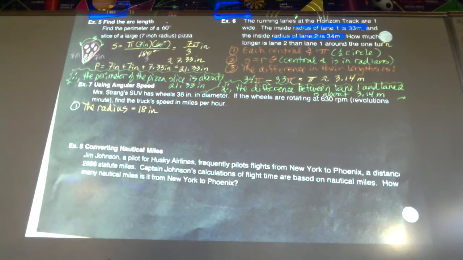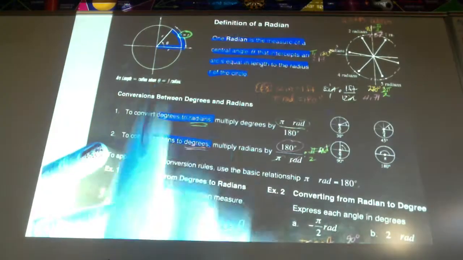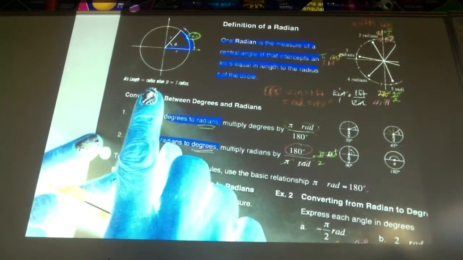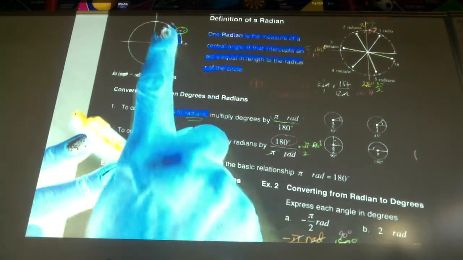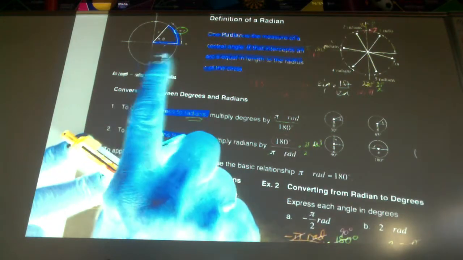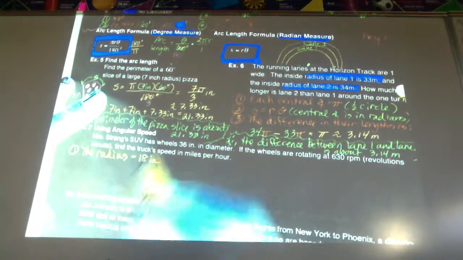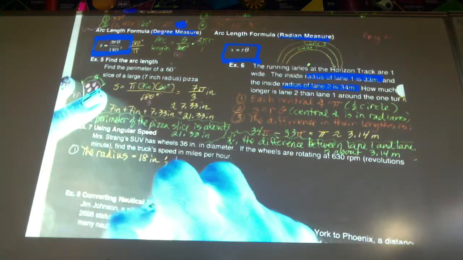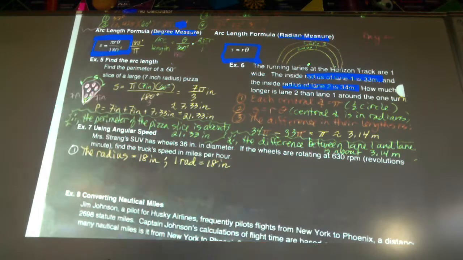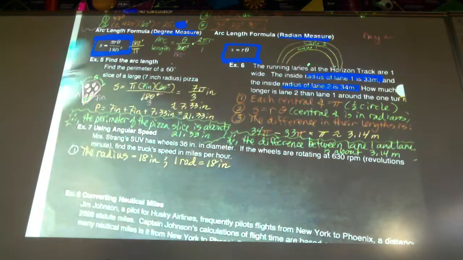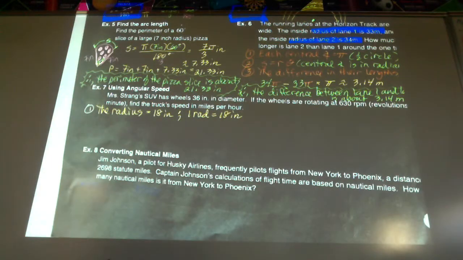And if you go back to our definition, doesn't 1 radian equal our radius? So if our radius is 18 inches, it stands to reason that 1 radian in this case is equal to 18 inches. We're going to need that.